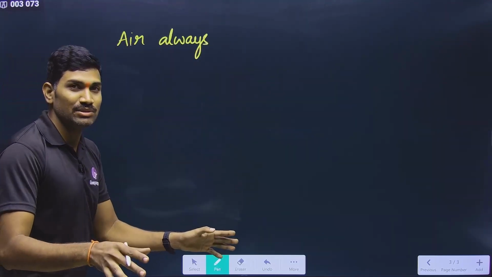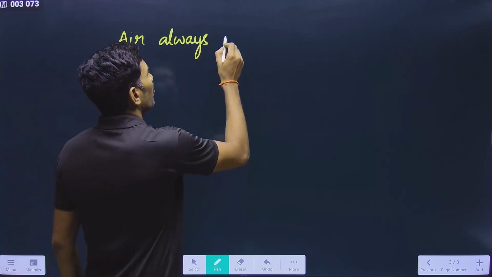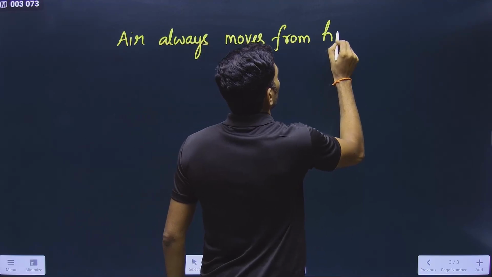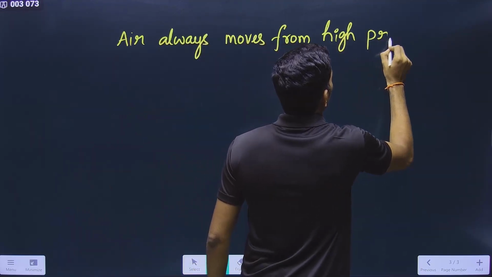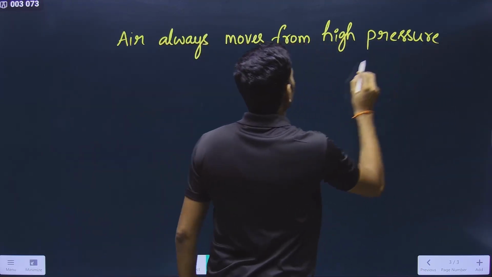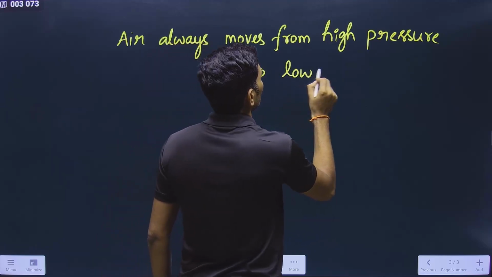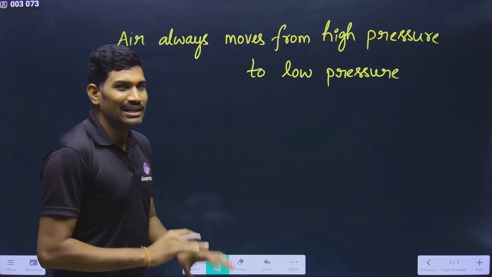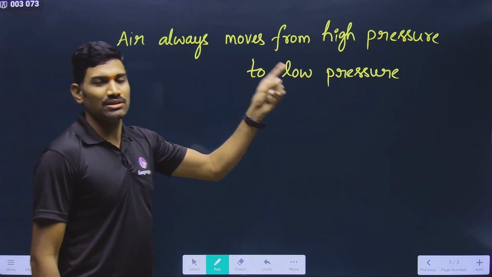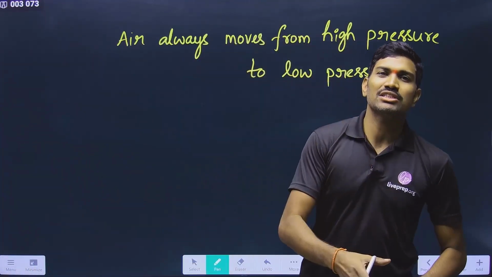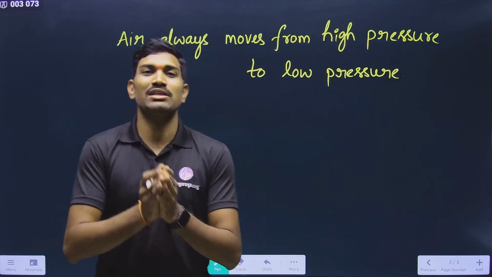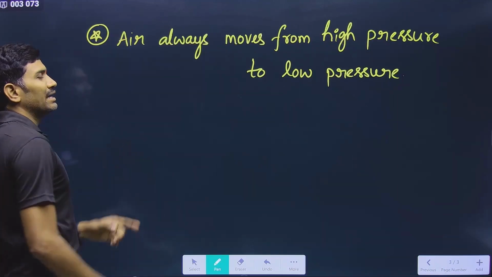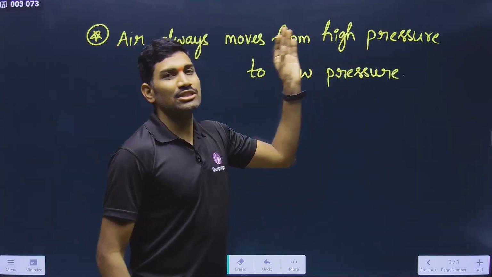Ultimately the entire mechanism is to satisfy this one statement. Based on this statement only we talk about the inspiration and expiration process. Air is always moving from high pressure to low pressure.